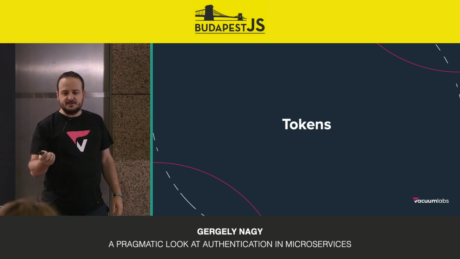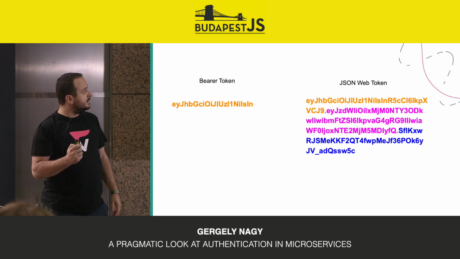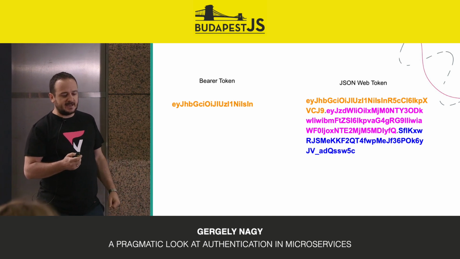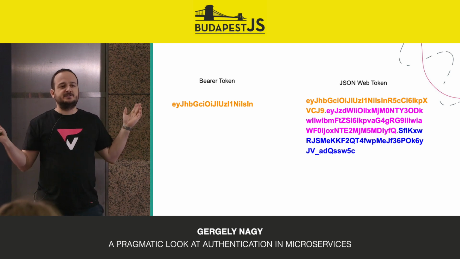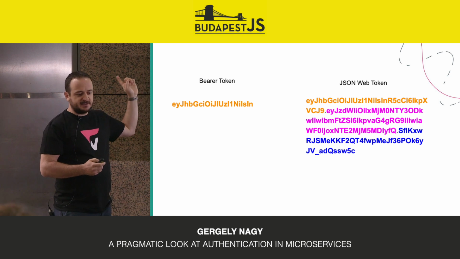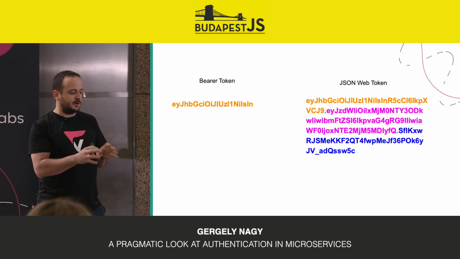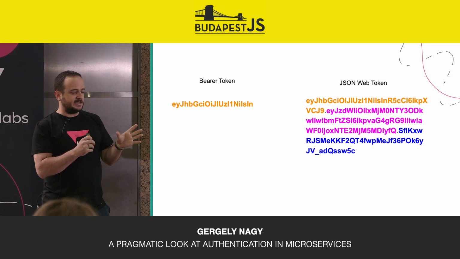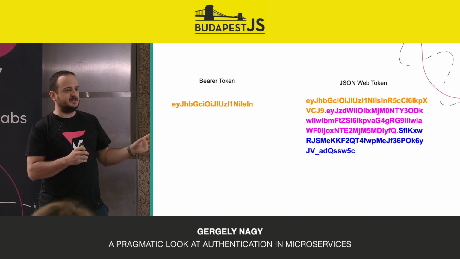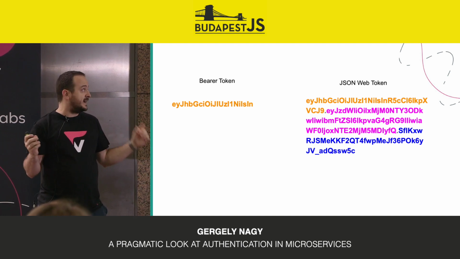So I mentioned I would talk a little bit also about tokens. A bearer token is something where whoever has the token has all the credentials. A bearer token doesn't directly identify the user. When they log in to the auth server and get the token, that token doesn't directly identify the user, but whoever has this token has all the credentials that the user has.